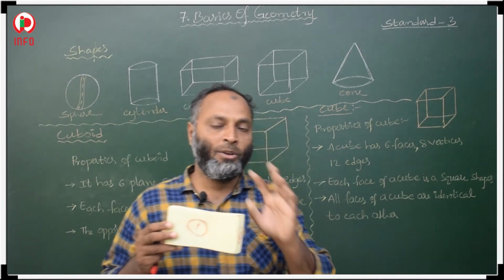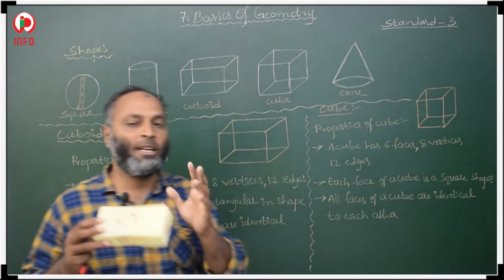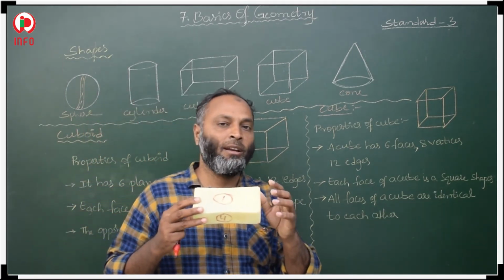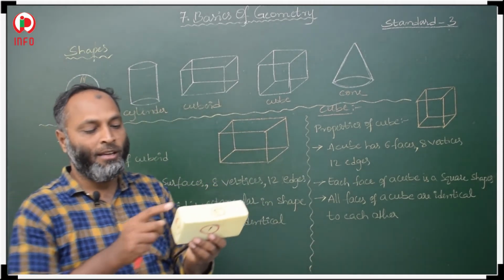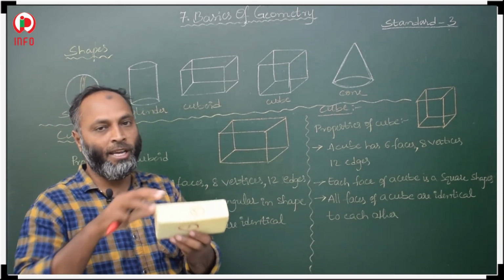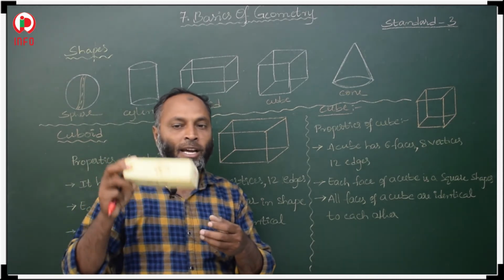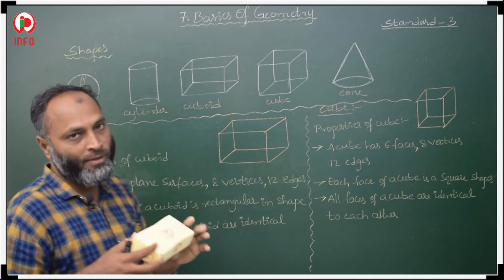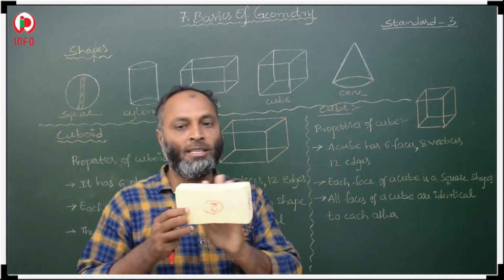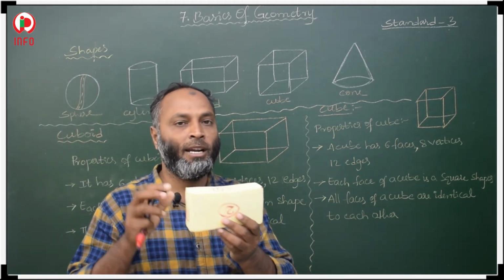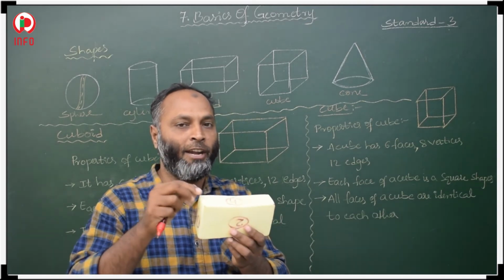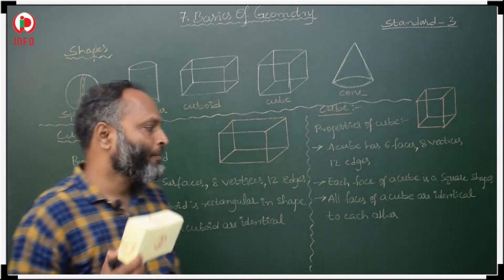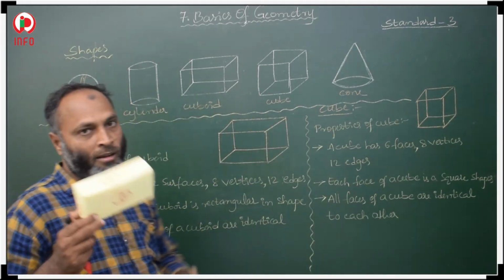In a cuboid, total how many edges were there? 12 edges. And how many vertices? 8 vertices. 1, 2, 3, 4, 5, 6, 7, 8. 8 vertices and 12 edges, and 6 plane surfaces.